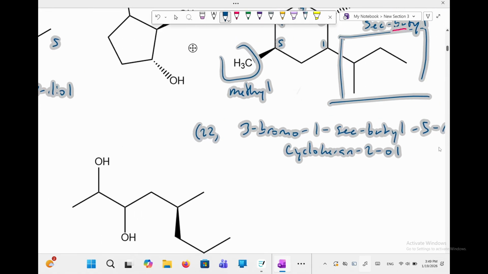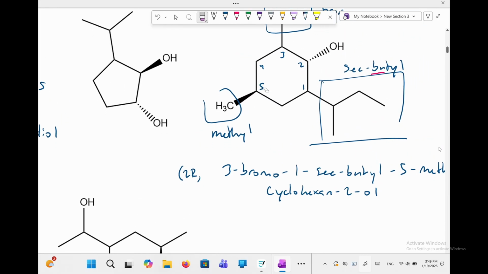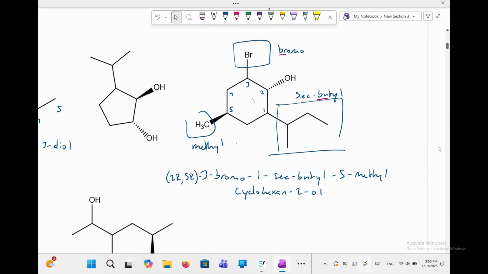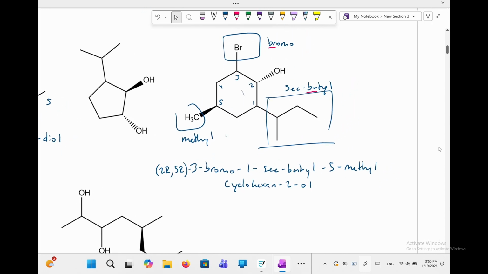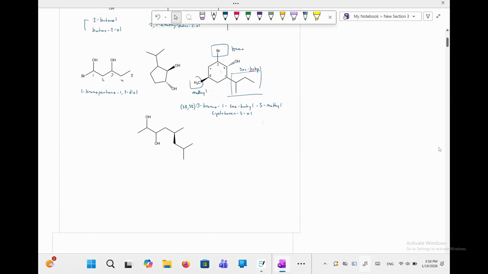And since there's another one, I'm going to separate that with a comma. This methyl here, 1, 2, 3 that way, so it's going to be R. So 5R, and a dash in between. So 2R,5R-3-bromo, and so on. So I'll go over those four.